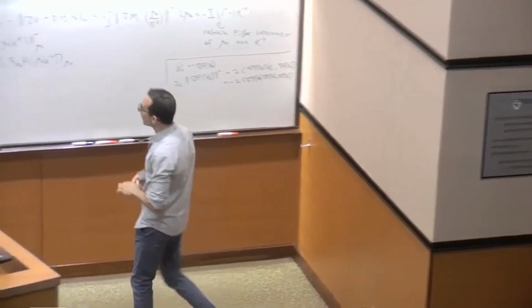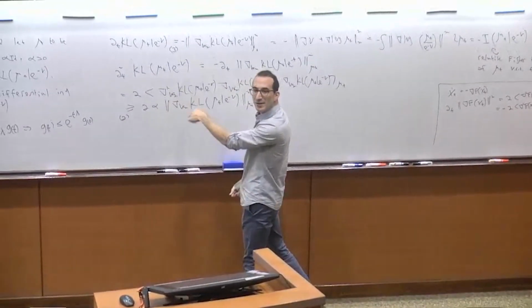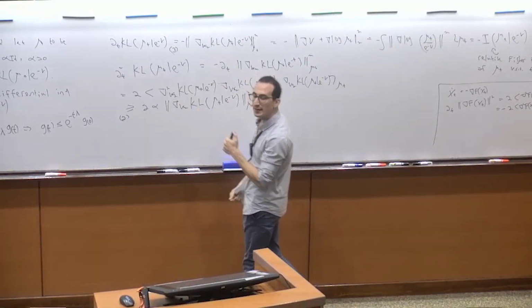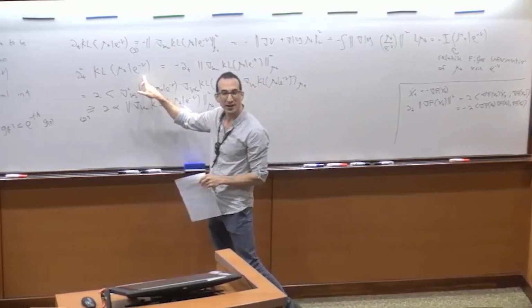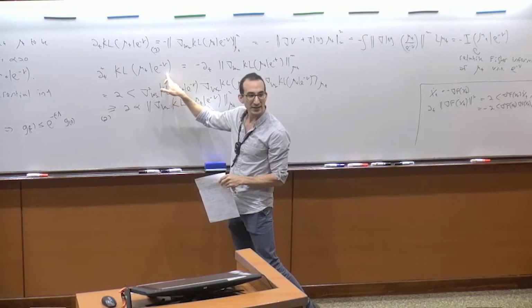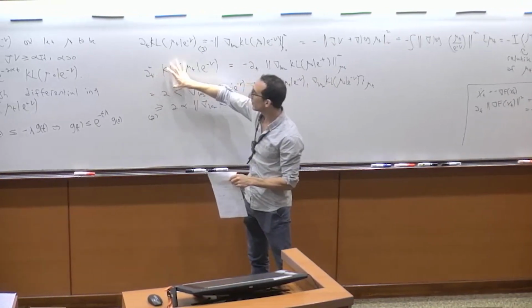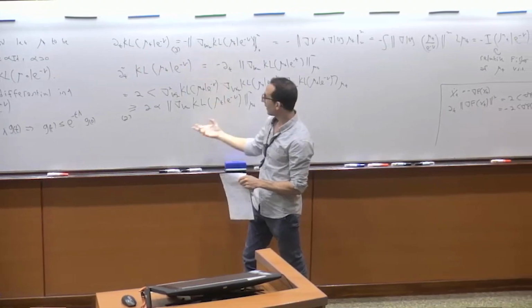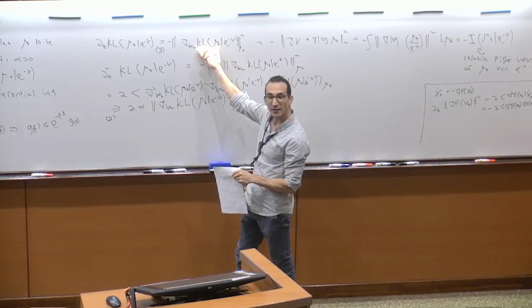But actually, if you think about it for a second, this inequality is basically a differential inequality. It's just a differential inequality for the derivative of KL rather than KL. Because here I have partial t of KL, and here we have this gradient, which is of course just partial t of KL.